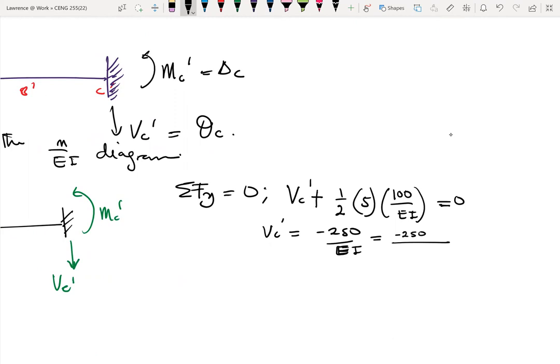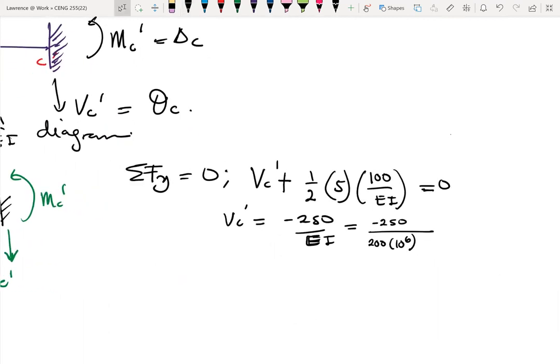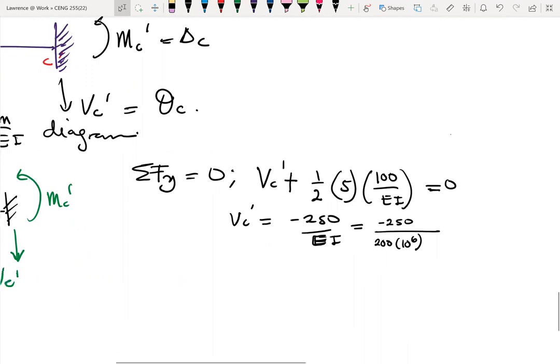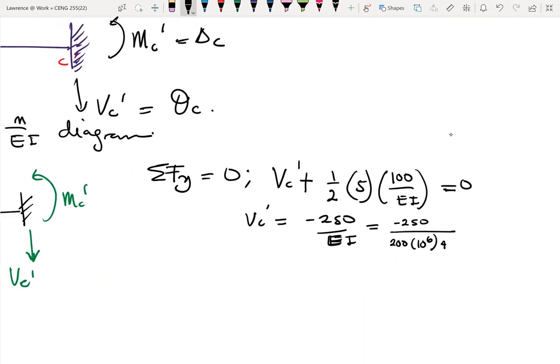Our E is 200 GPa, so let's say 200 times 10 exponent 6. We are converting from GPa to kilopascals, right? Then we have 475 times 10 exponent minus 6, I believe.